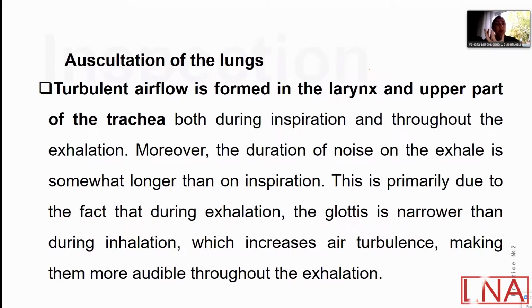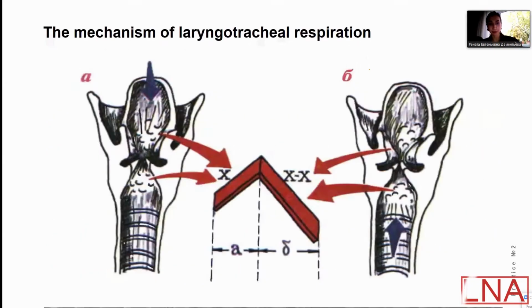Surely, yes, the narrowing is significant for turbulent airflow on the phase of exhale. That's why this type of breathing, laryngotracheal breathing, is more detectable on the phase of expiration than on the phase of inspiration, because turbulent airflow occurs as we try to put out this volume of air.